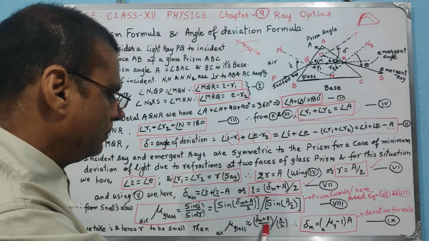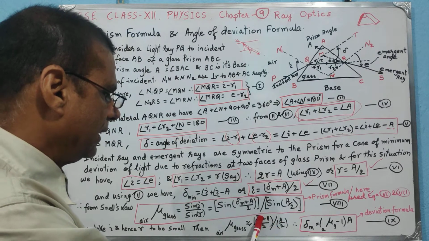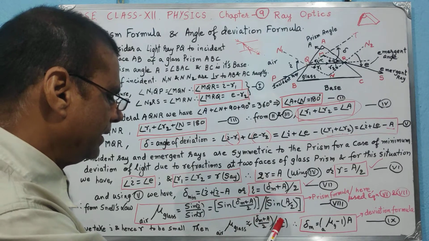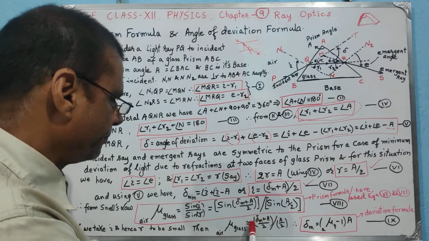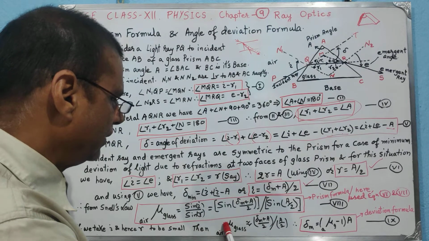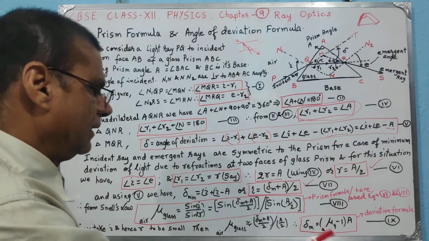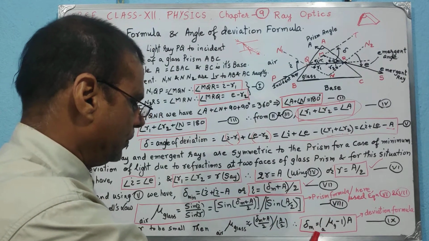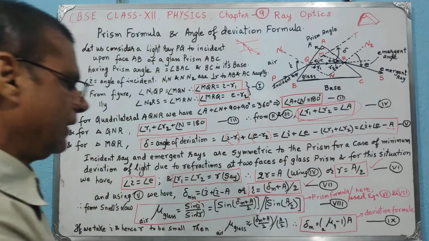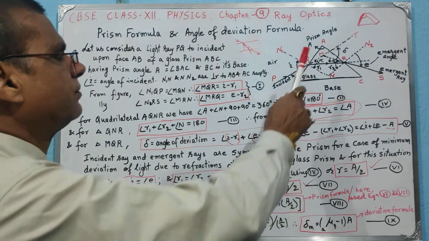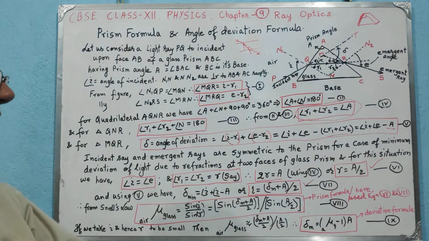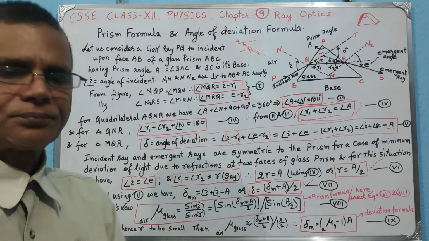So the 2 factor is common and cancels, and it becomes (delta M plus A) divided by A. On changing the side of A, we have mu A equal to delta M plus A, and therefore we get delta M equal to (mu minus 1) into A, where mu is the refractive index of the glass medium with respect to air medium. This formula is known as the deviation formula. That's all for today.